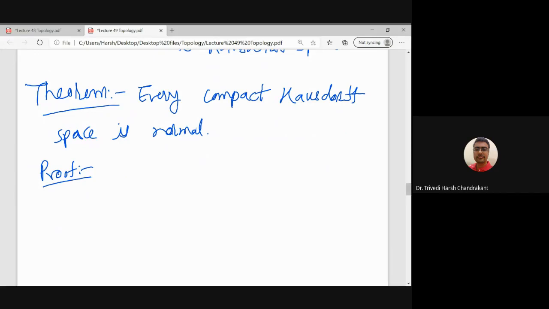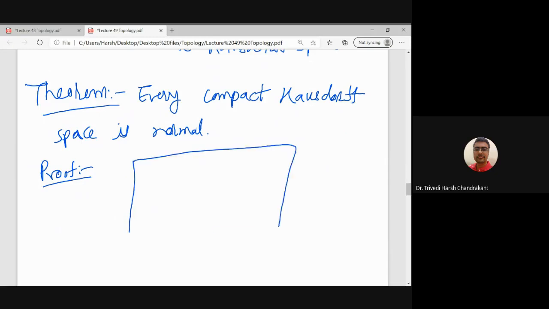So we want to prove that X is normal. That means we have to show that each singleton is open. So first thing is each singleton is closed because it is a Hausdorff space, right?